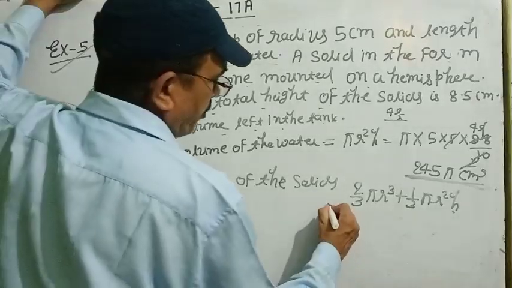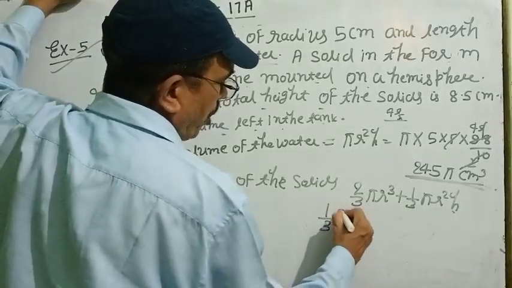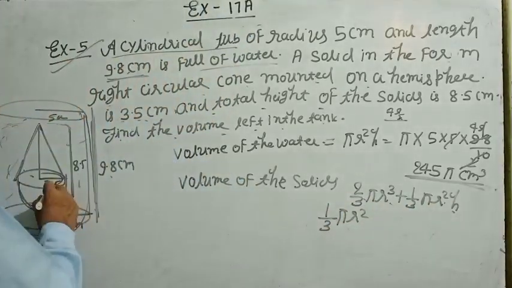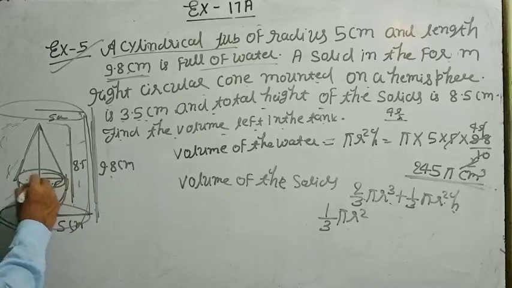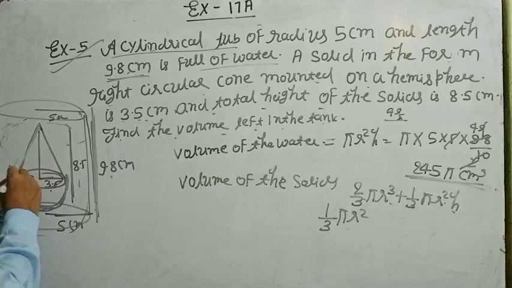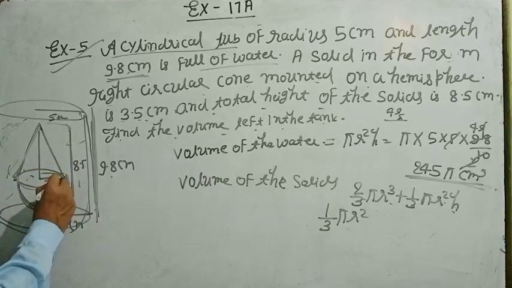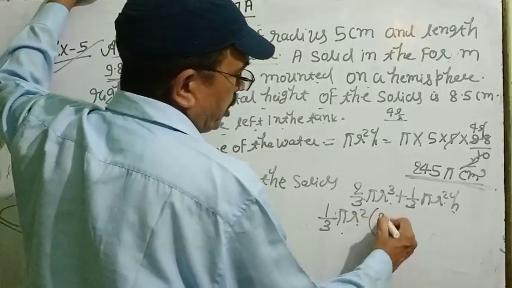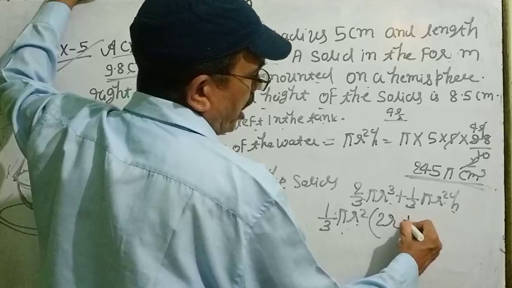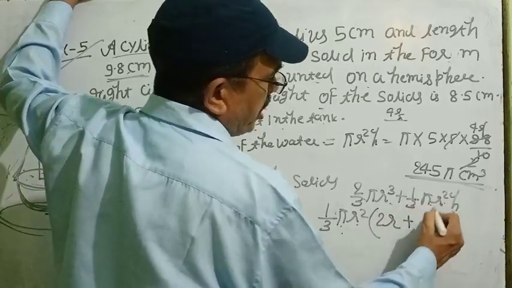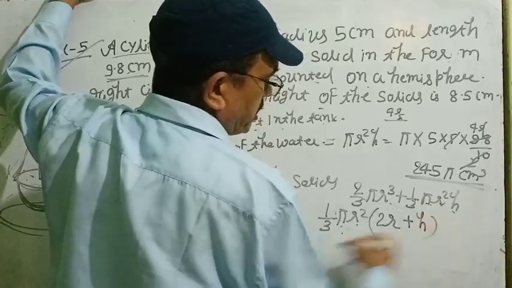Here we take 1 by 3 pi r square common, because the radius of both parts is the same, as the hemisphere and the cone are on the same base. What remains is 2r plus h.